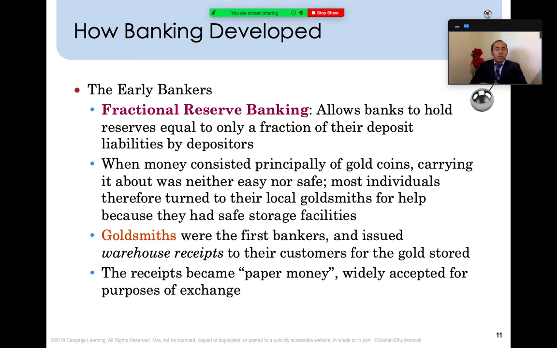And essentially, that became what is called a fractional banking structure, where the goldsmiths issued receipts on the gold they received as deposit, and the client would go and use those notes to buy something, and whoever had that gold receipt could come and get some of that gold. Those receipts became known as paper notes or gold notes. They became widely accepted because they were backed by a commodity.